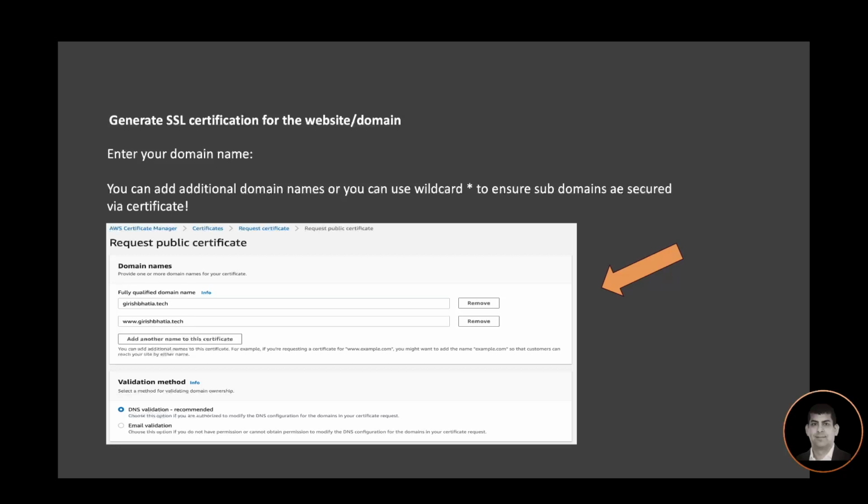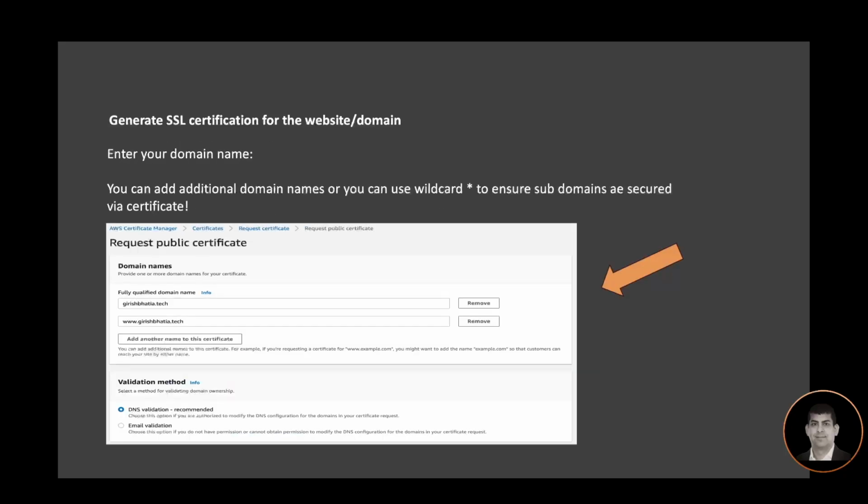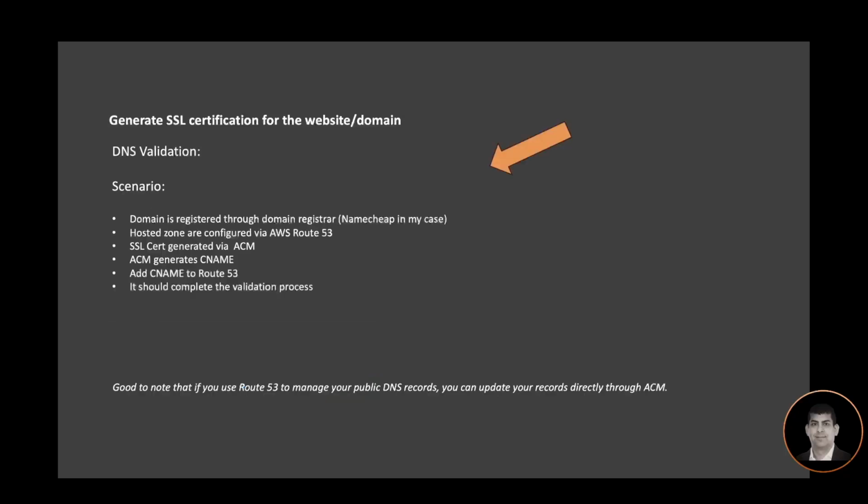Since I own this DNS, I'm going to pick DNS validation. You will see in the next screen that it is showing a status of pending validation, and there are two CNAME entries, one for the root domain and another for the subdomain.